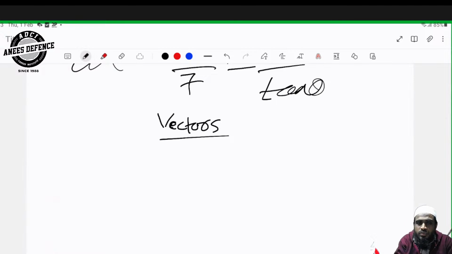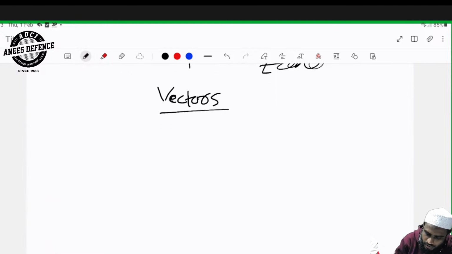We will not say any direction for that. But when wind is flowing, we have to say how much speed it is going. That is its magnitude. Direction means it may be from north to west or east to west. So that is the difference between a scalar quantity and a vector quantity.